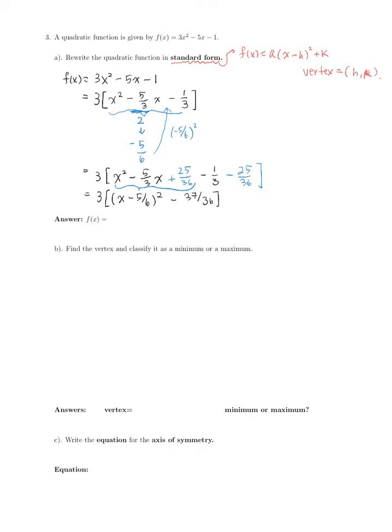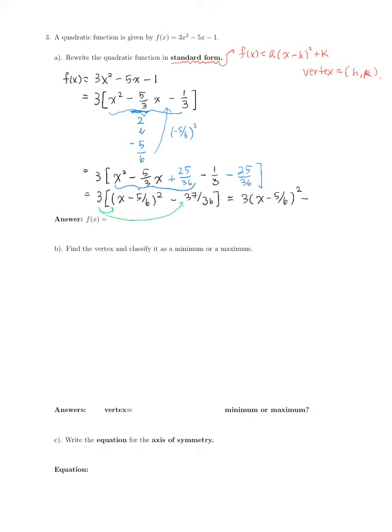So therefore, our f of x is going to look like 3 times x minus 5 over 6 squared minus, now I'm going to distribute the 3 to each term, 3 times this and then 3 times that.